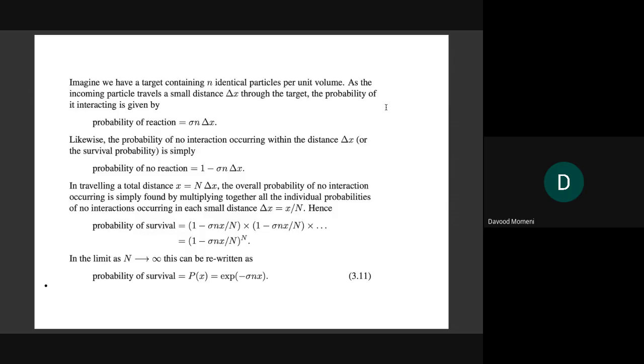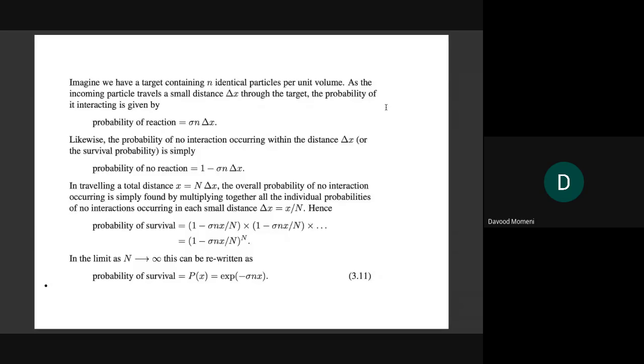The probability of a particle surviving is the probability of the first one, times the probability of the second, and so on, and then you take the n exponent. N is a very large number because the number of particles being shot at the target is very large. But this is a very simple model. Then you get the probability of survival.